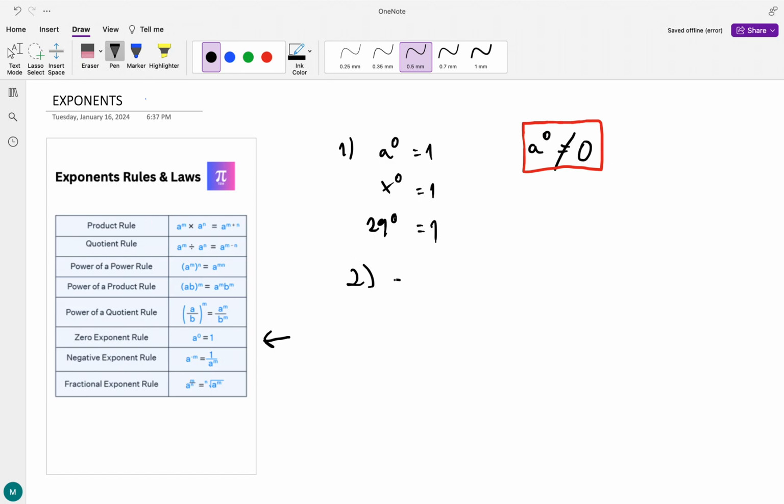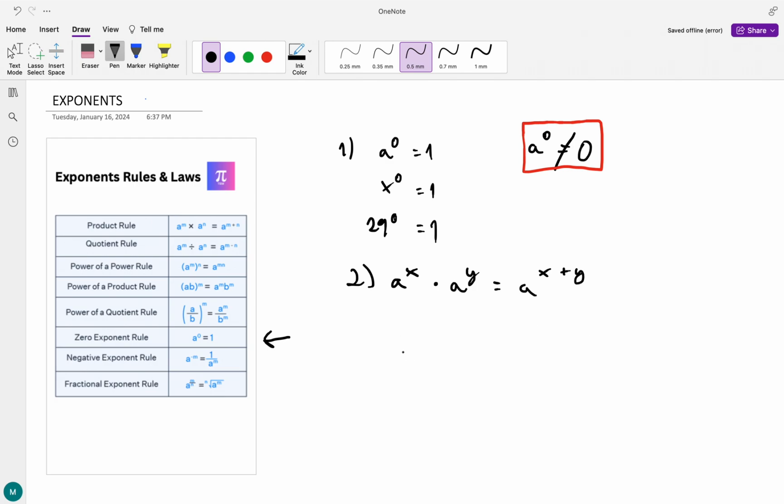So in this case, if we have the same base, a to the power of x times a to the power of y, or on the sheet it's m and n, those are more common ways of expressing exponents, but I just want to exemplify something different. You can basically summarize that it means a to the power of x plus y.